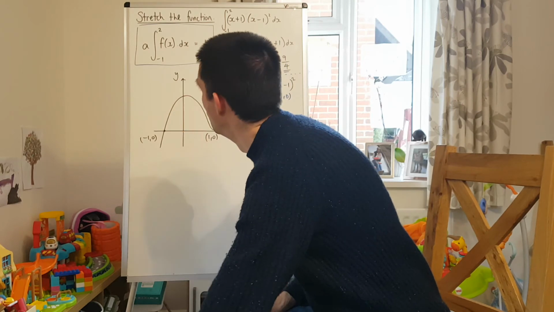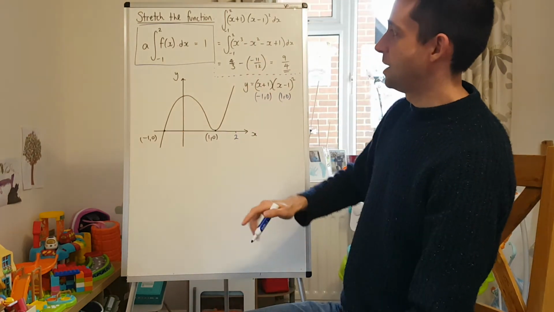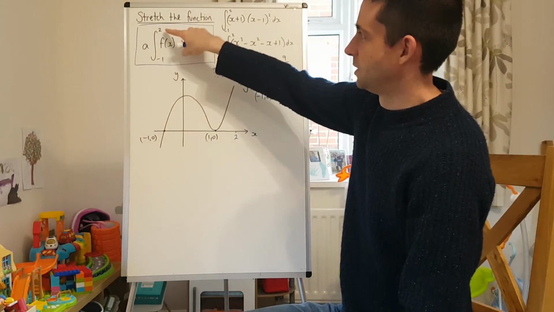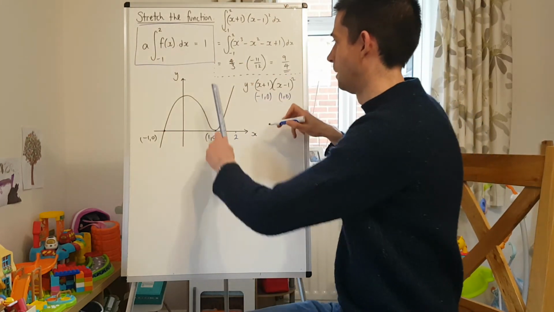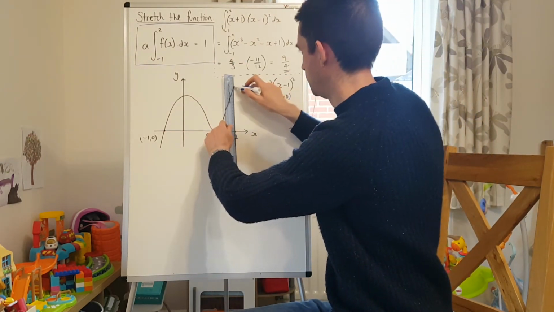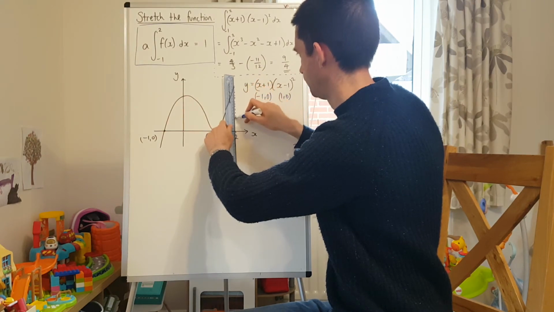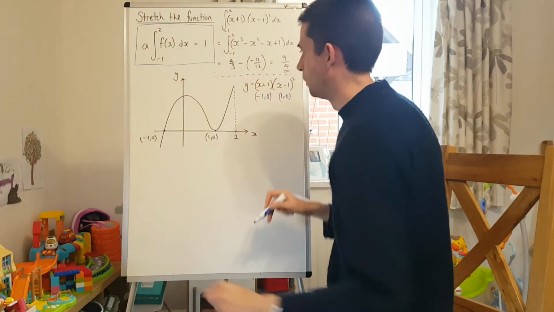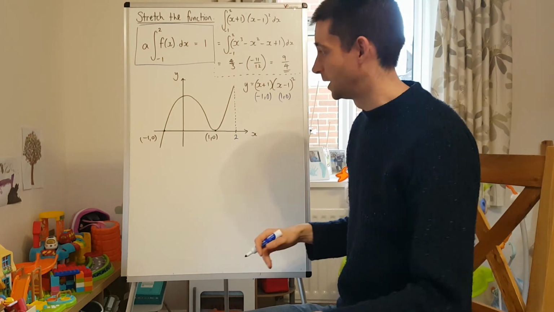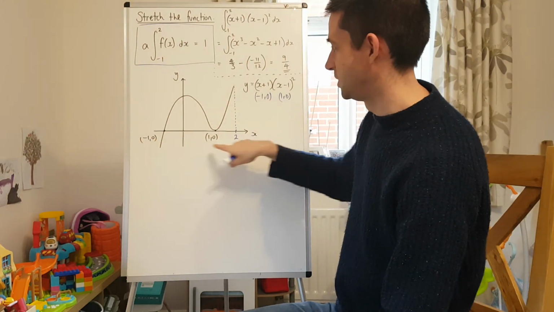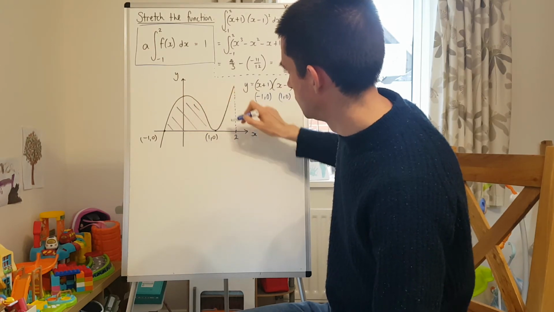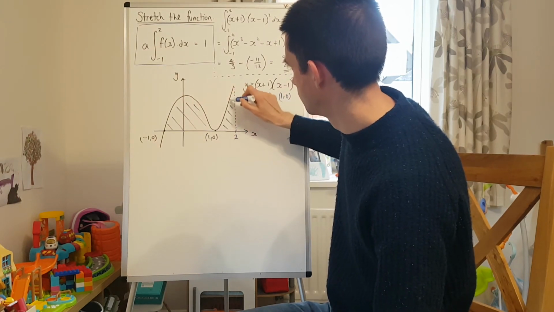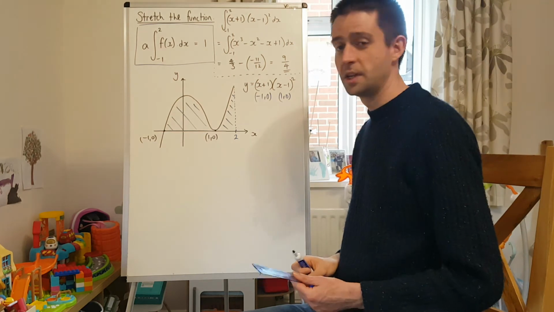So what we're being asked is the area between x = -1 and x = 2 and the curve between the x-axis. I'm just going to draw my line up here, and what we're being asked to find is the total area enclosed by the curve between -1 and 2. So that would be all of this and all of this.